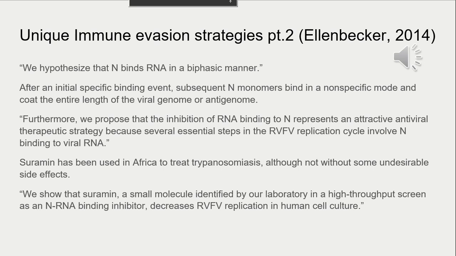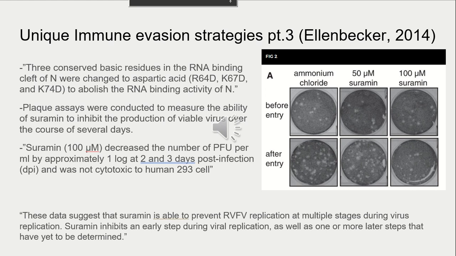Suramin was proposed because Suramin has been used in Africa to treat African disease, although not without some undesirable side effects. I quote her again saying, "We show that Suramin, a small molecule identified by our laboratory in a high throughput screen as an N RNA binding inhibitor, decreases Rift Valley fever virus replication in human cell culture."